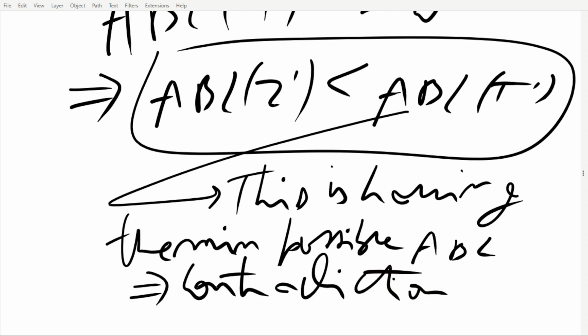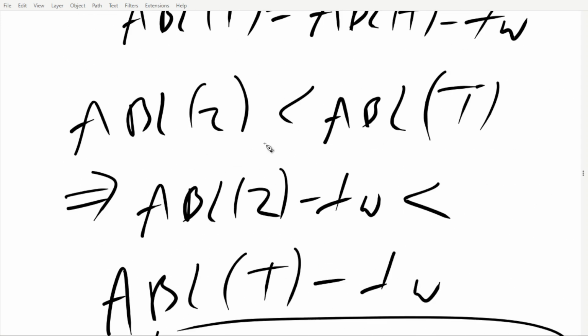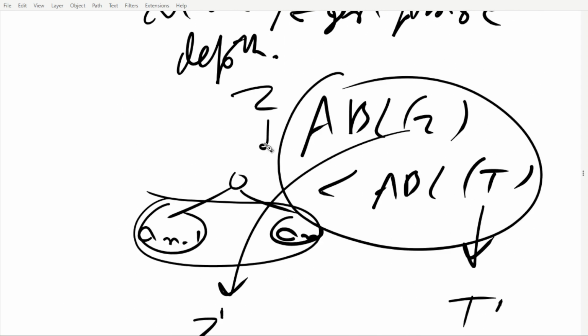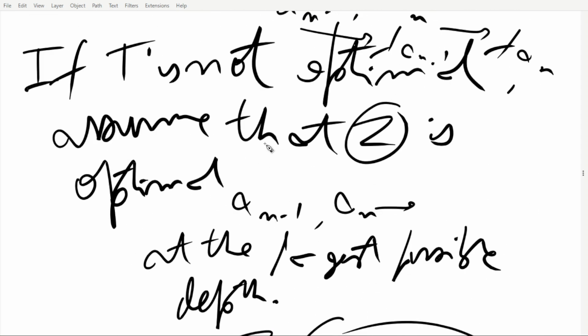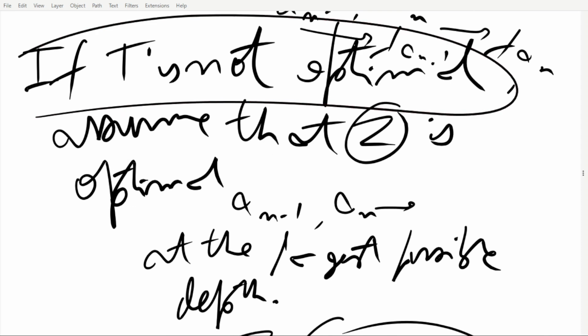It means that our initial assumption, that T is not optimal, is wrong. So T has to be optimal. This completes the proof that the iterative algorithm, Huffman's algorithm that we have designed, gives the minimum possible average bit length.